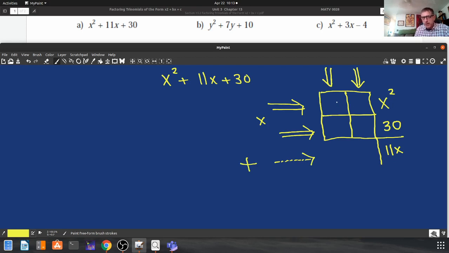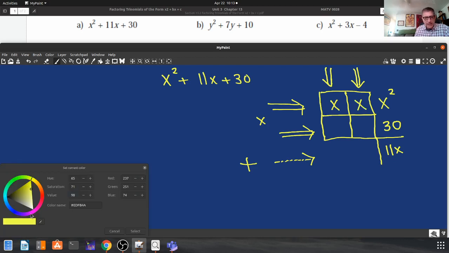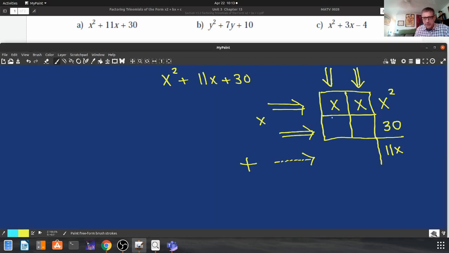I have to put a variable term in this first box and a variable term in the second box, such that this times this gives me x squared. And since they have to be variable terms, I have no choice. An x and an x goes in there. I'm going to do this in a different color. So I have to have an x in here and an x in here. So when I multiply across, x times x gives me x squared.